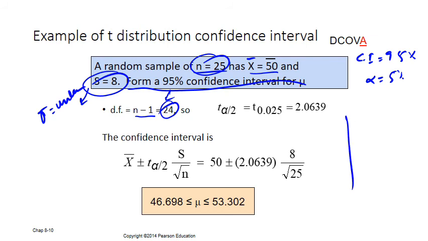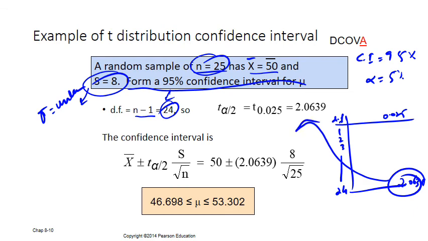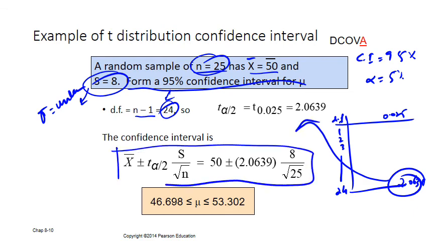In the t table at the back of your book, you will see 0.025 and degrees of freedom 1, 2, 3 and so on. Here you can see 24, and this value would be 2.0639 in the table. Rest is nothing, you can simply substitute the values and get the confidence interval.